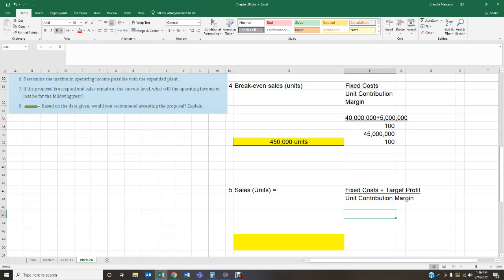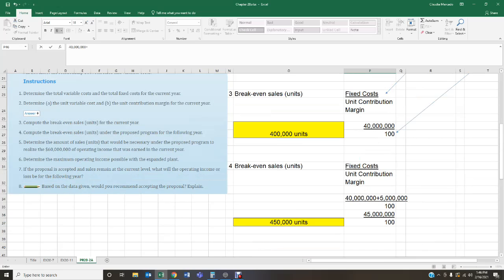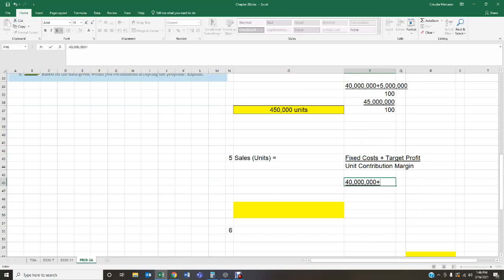My fixed costs are $40 million plus my target profit. The target profit in this particular problem was 60 million. That's how much we want to realize, $60 million.